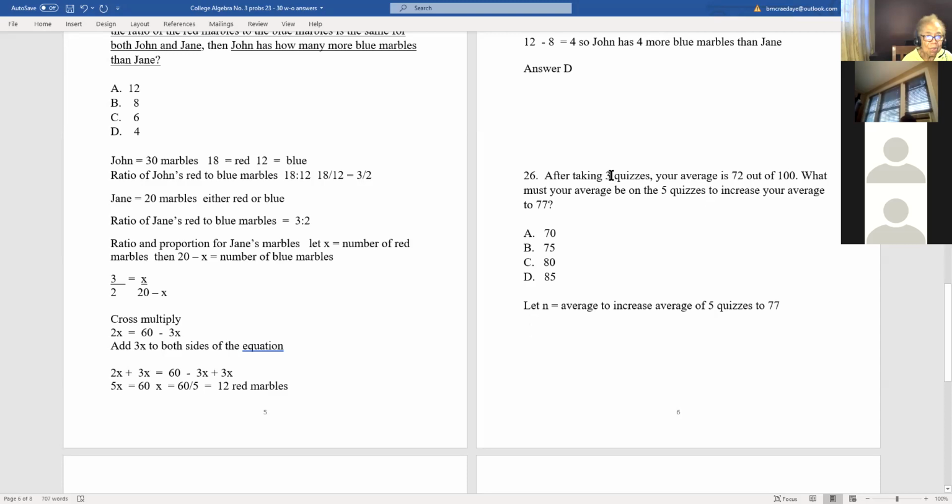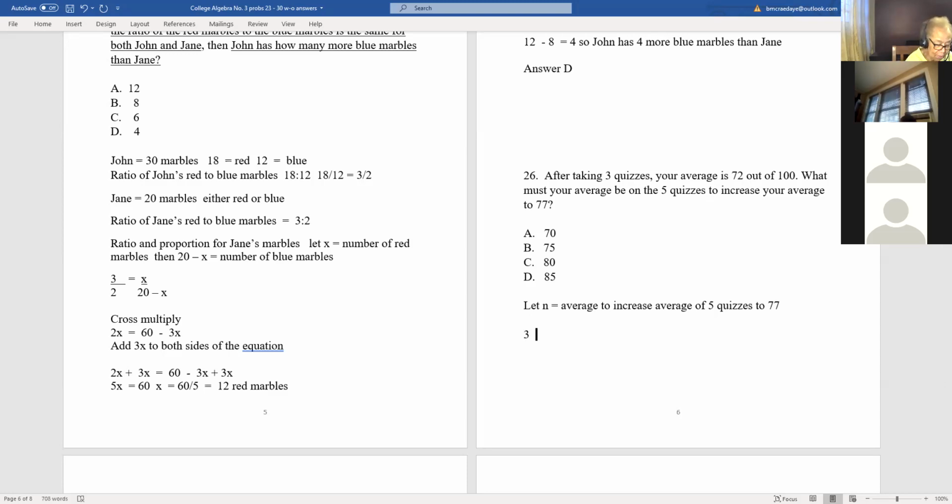That total is going to be 3 times 72, because the number of quizzes times the average is the total of your scores. 216, that's right.